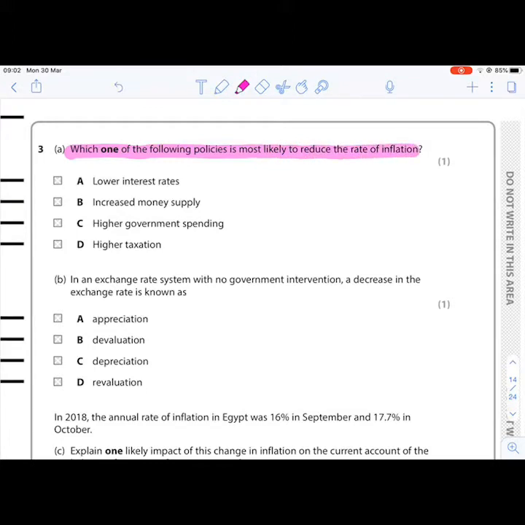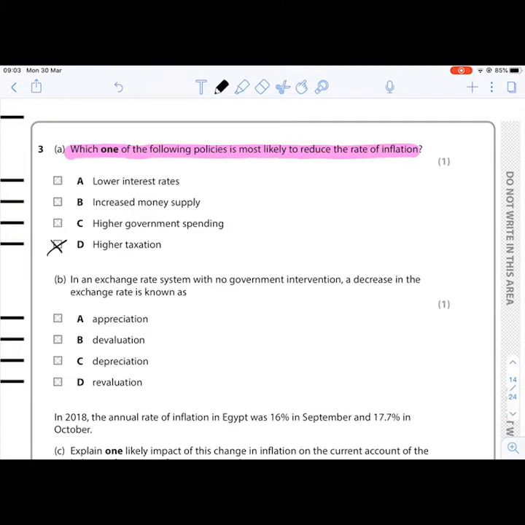So let's just remember that inflation is an increase in the average price of goods and services. So what's going to reduce price levels within the economy? The answer to this one is in actual fact D. And that is because of higher taxation. Now we know taxation, increasing or decreasing taxation, is a type of fiscal policy because it is carried out by the government.